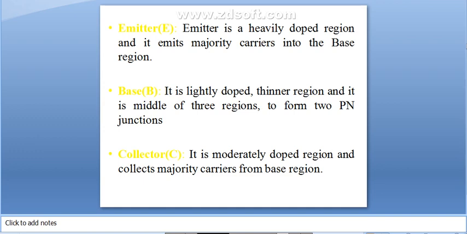So the collector is moderately doped, the base is lightly doped, and the emitter is heavily doped.